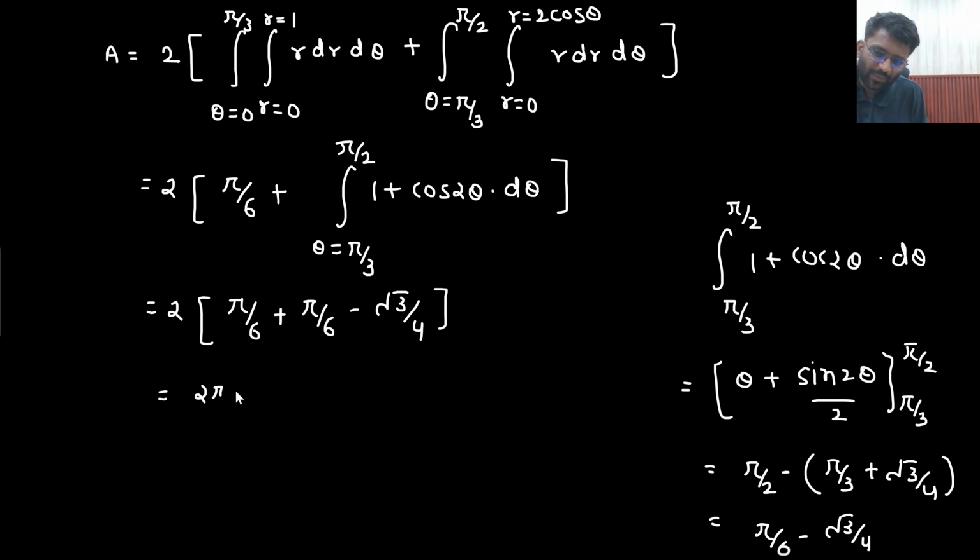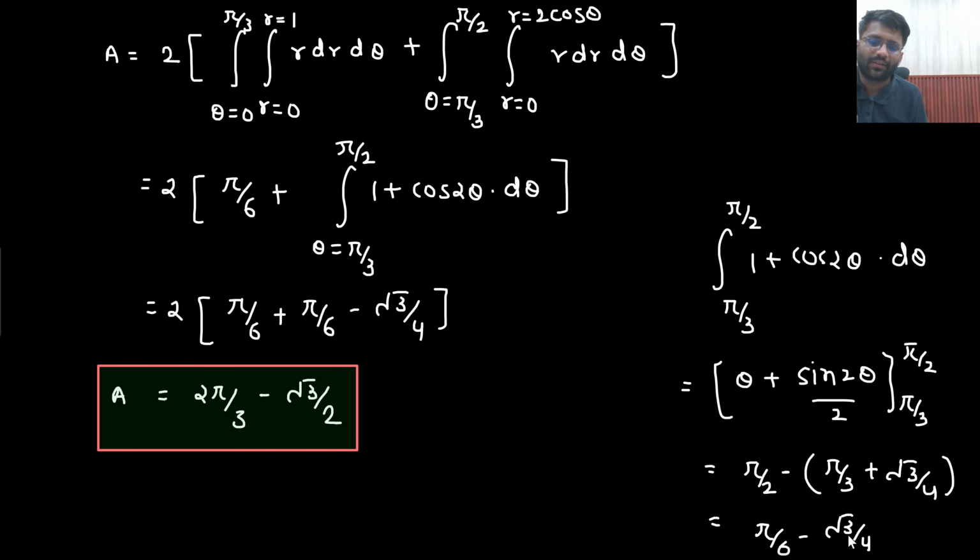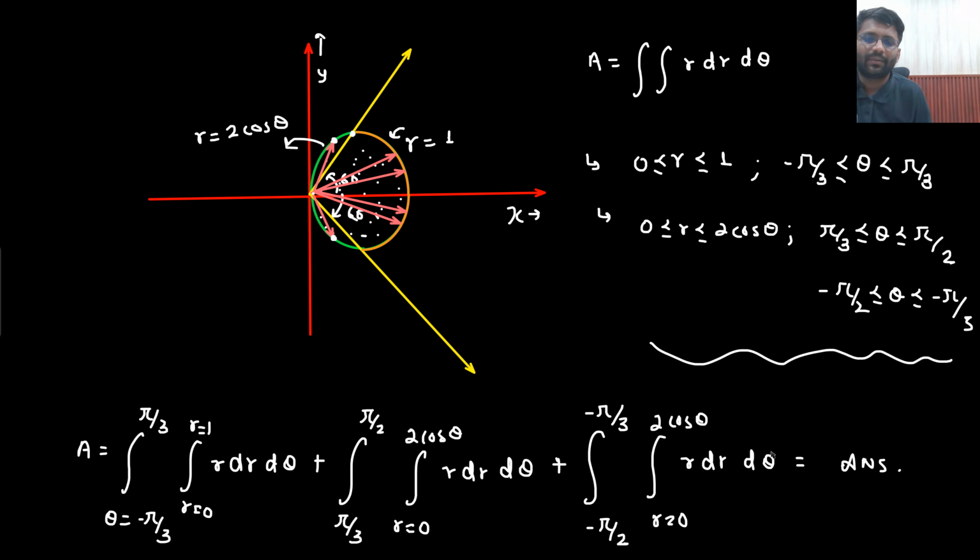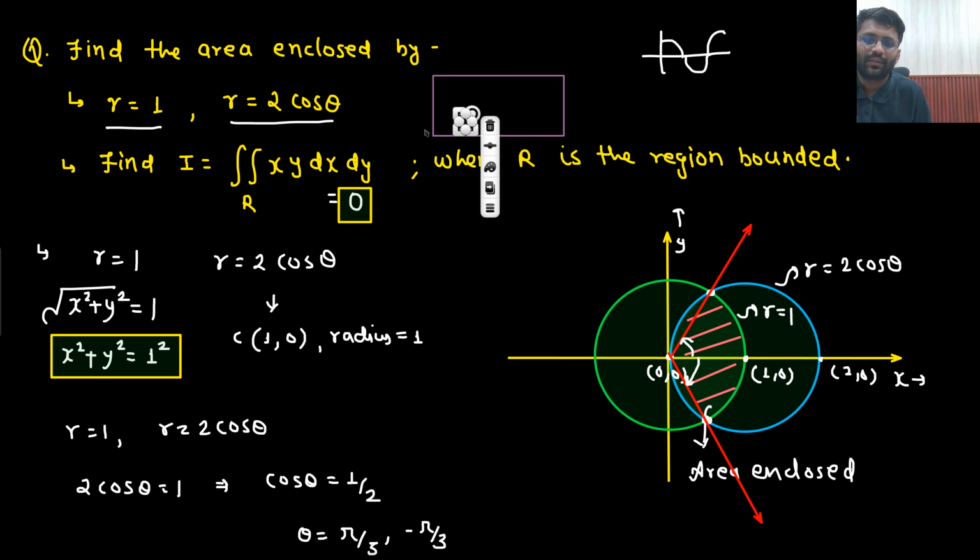Pi by 6 plus pi by 6 will become pi by 3, right? Multiply with 2: the answer is 2 pi by 3 minus under root 3 by 2.